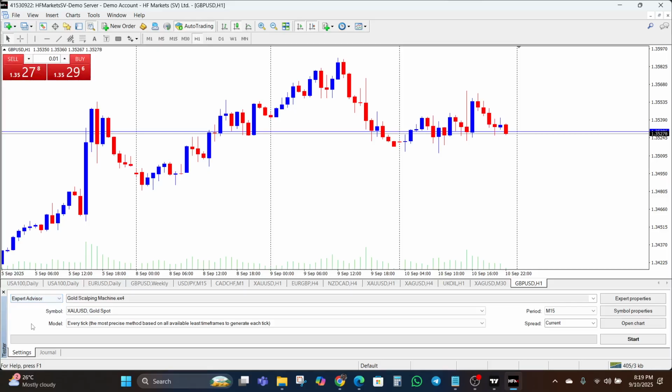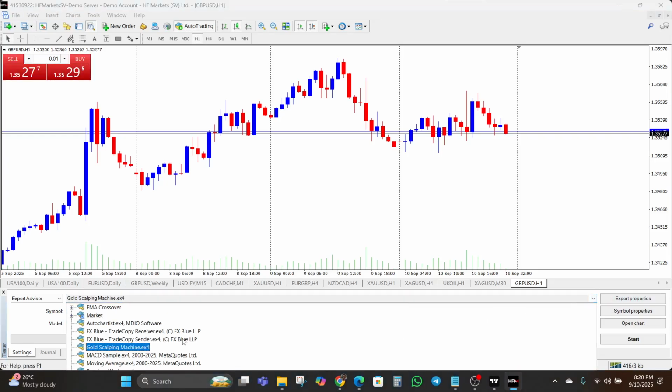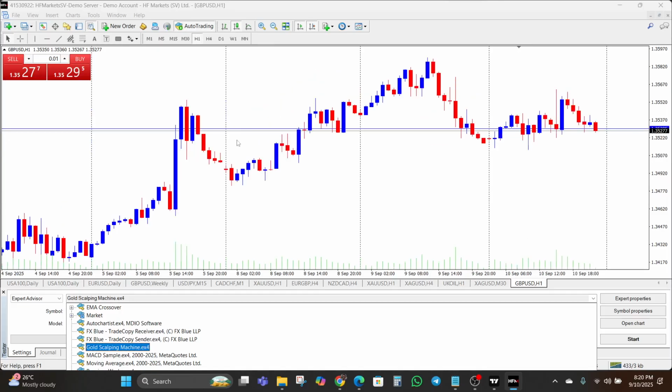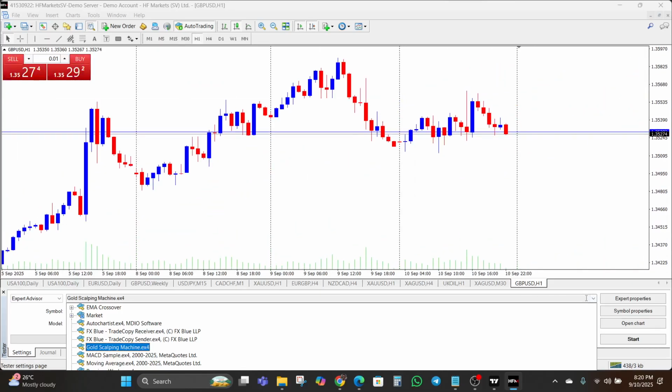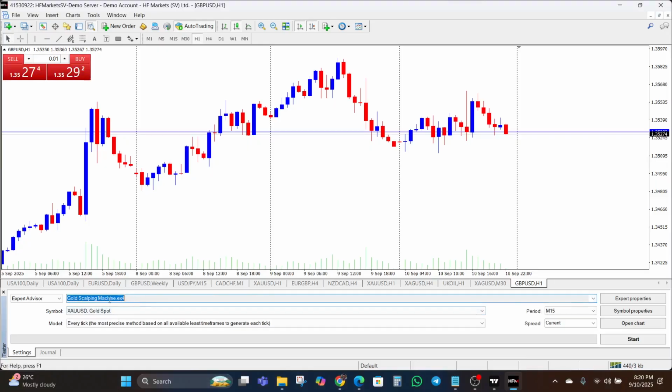You have to select the expert advisor or the script that you want to test. If you are backtesting a manual strategy, you can use historical charts by scrolling back, and testing your rules candle by candle. So now this is for the automated systems.